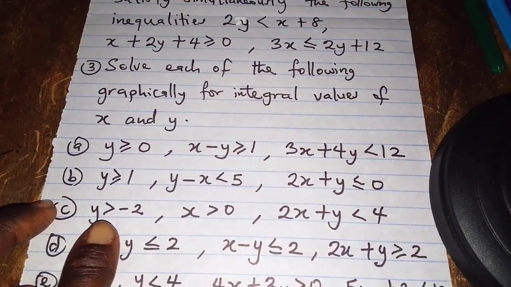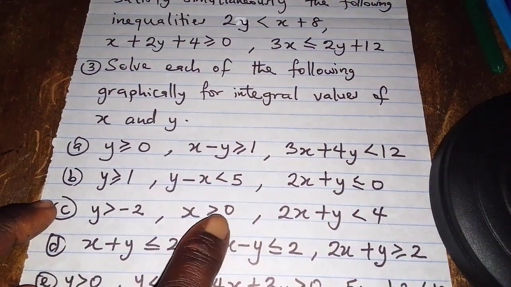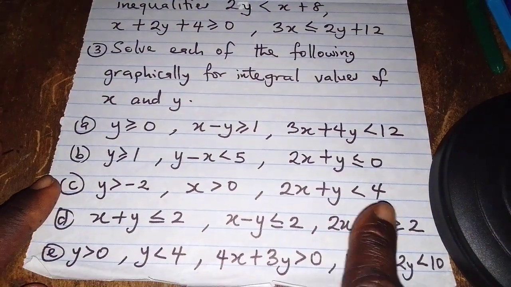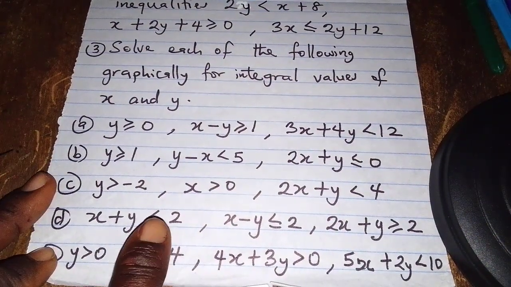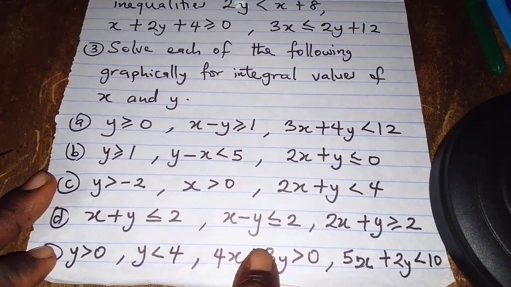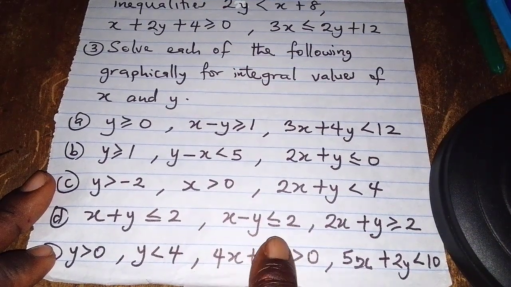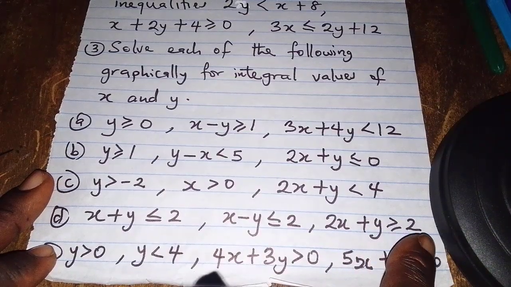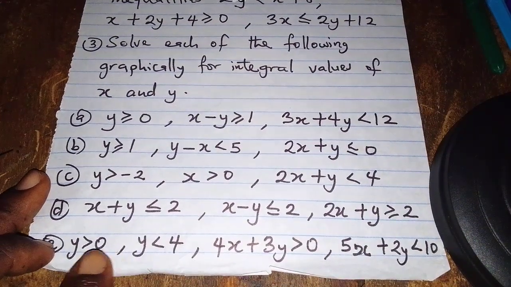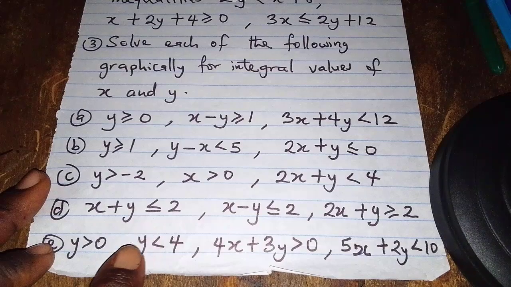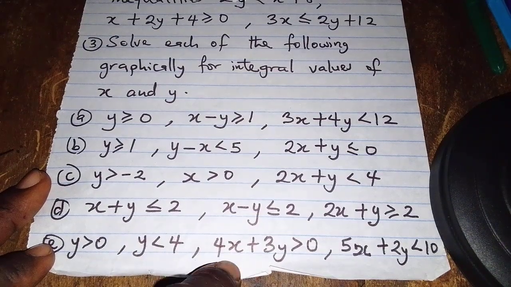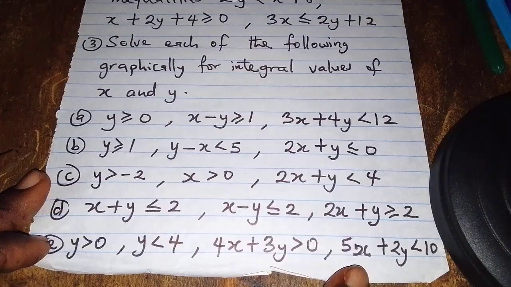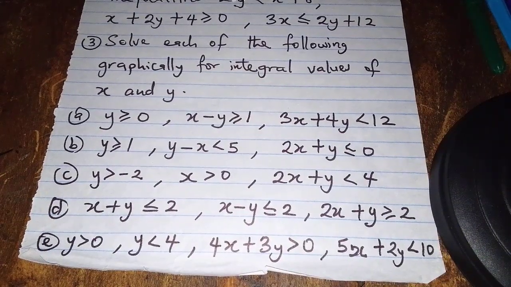C. y is greater than -2, x is greater than 0, 2x plus y less than 4. D. x plus y less than or equal to 2, x minus y less than or equal to 2, 2x plus y is greater than or equal to 2. Then E. y is greater than 0, y is less than 4, 4x plus 3y is greater than 0, and 5x plus 2y is less than 10.